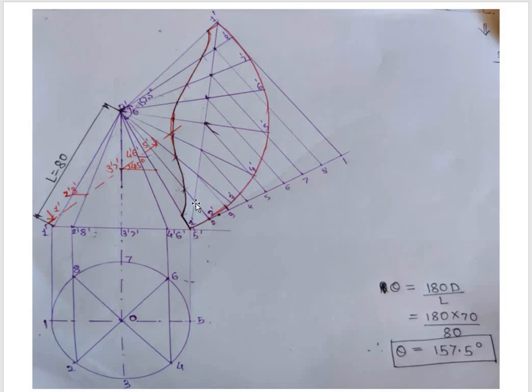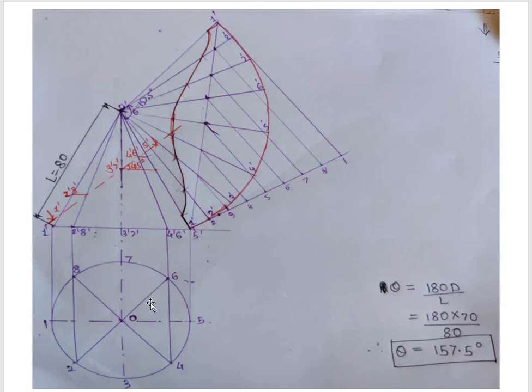In the line itself you are getting the 8 equal parts. Simply draw the lines passing through these points: O' 2', again 1' 3', 1' 4'. Likewise make the dark generators of the 8 equal parts.